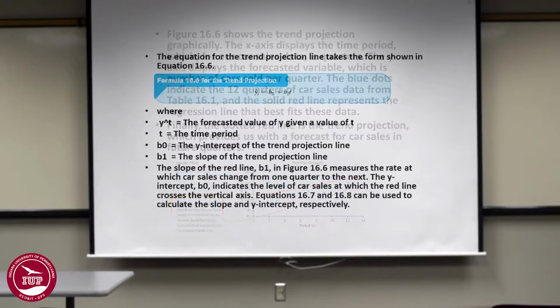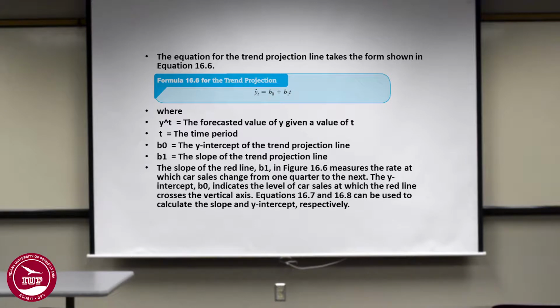The equation for the trend projection line takes the form shown in equation 16.6, where ŷ_t is the forecasted value of y given a value of t. t is the time period. b0 is the y-intercept of the trend projection line. b1 is the slope of the trend projection line.